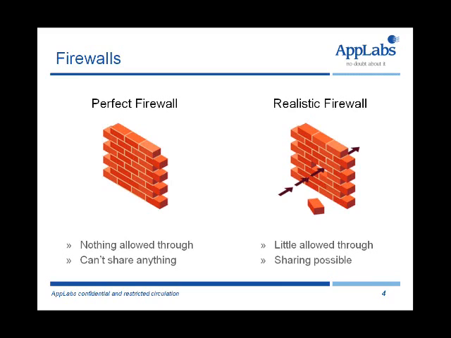The drawback of a perfect firewall is that we cannot share information, and that's what we all like to do with our web applications. We have some information or a service that we'd like to provide, so we need to come up with a more realistic way to operate.